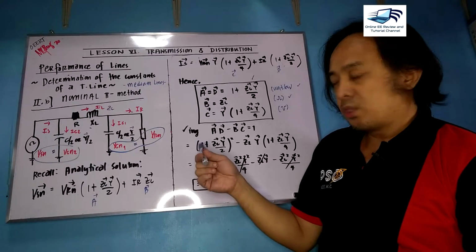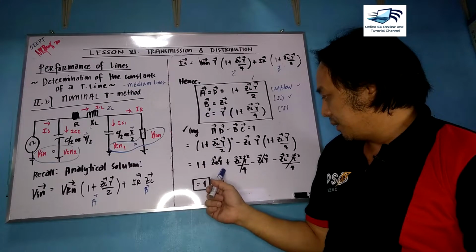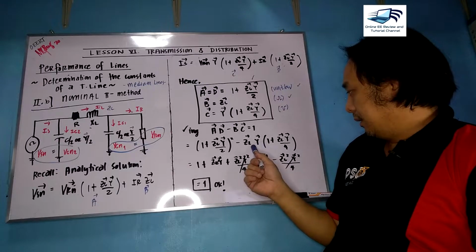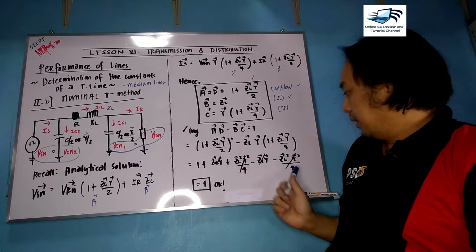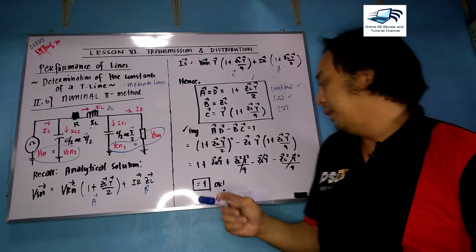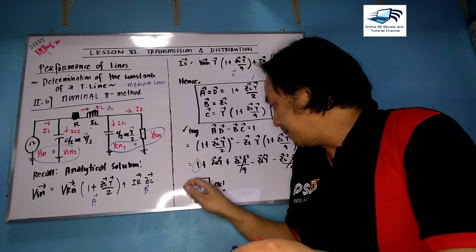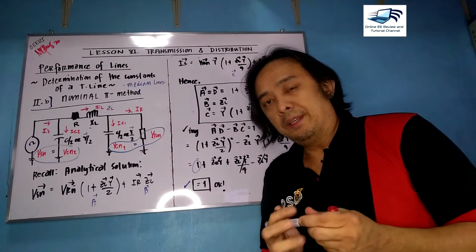So it's like x squared plus 2xy plus y squared. So expand this one, it will become like this. And then expand this term. It will cancel out some of the terms here, and the answer will become equal to 1. So hence, our formula here is correct.